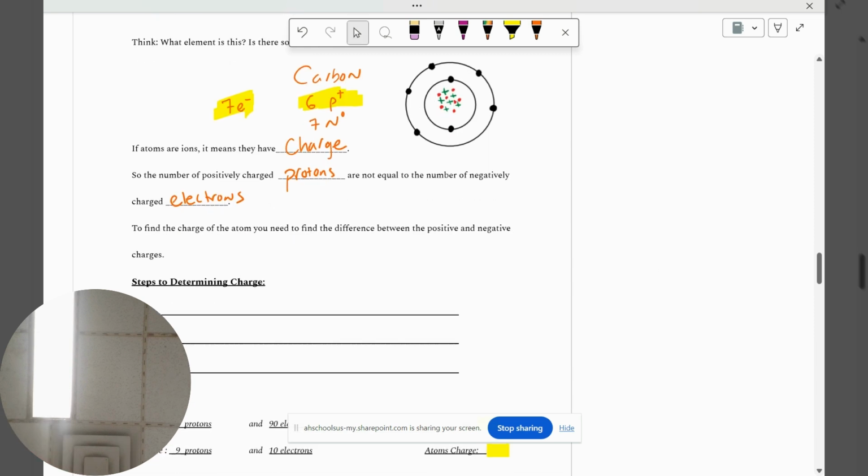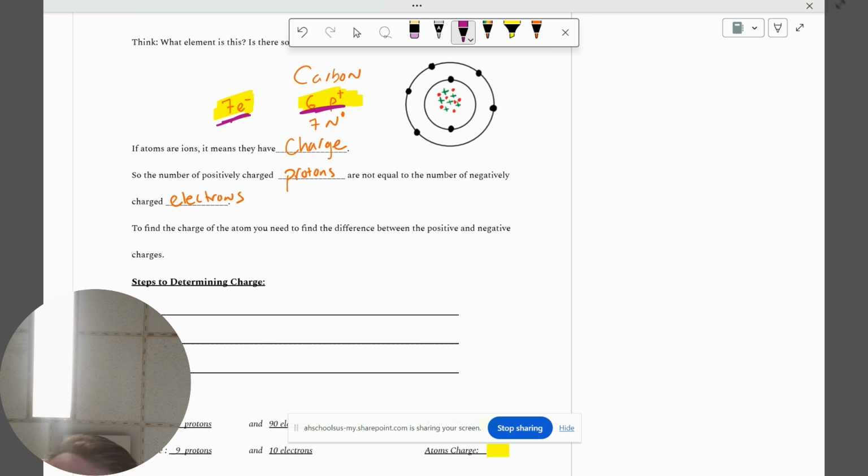Okay, so in this case, it's a cancellation game. Ready? It's a cancellation game. How many electrons do I have? Seven. Seven minuses. How many positives do I have? Six. What is left over? Negative one. So this would be a negative one charged atom.